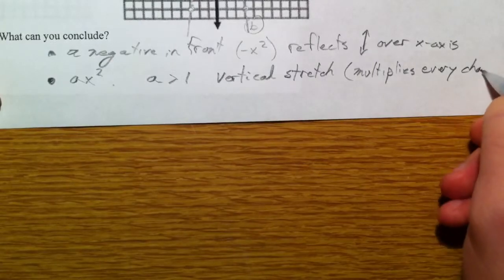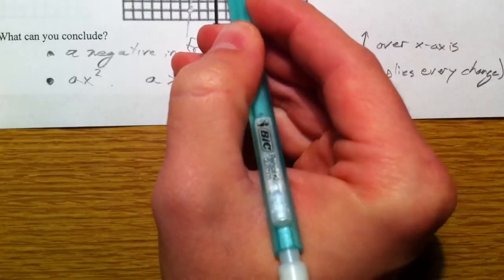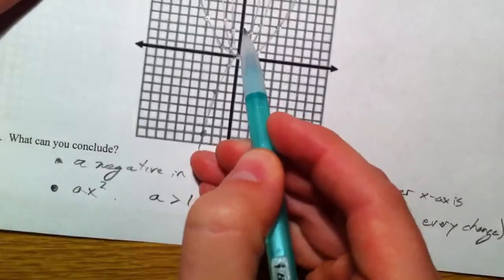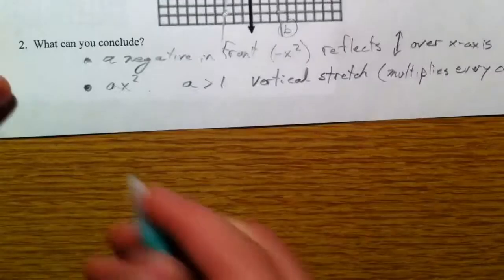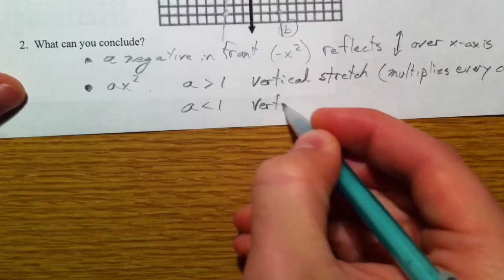What I mean by it multiplies every change is that we took 1 times 3 is 3, so we actually went up 3 on this graph. And then if a is less than 1, it's a vertical shrink.